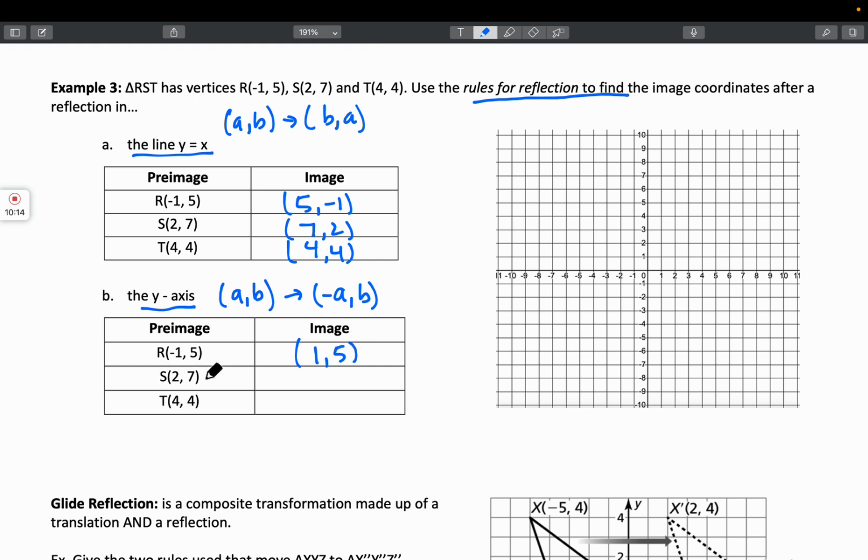And then we're going to change the value on the x here for S. That's going to be (-2, 7). And then we're going to change the value on this x in (4, 4), so (-4, 4). Take a minute, pause the video, and graph all three of those triangles. The pre-image triangle, the image after a reflection in the line y equals x, and the image after a reflection in the y-axis.